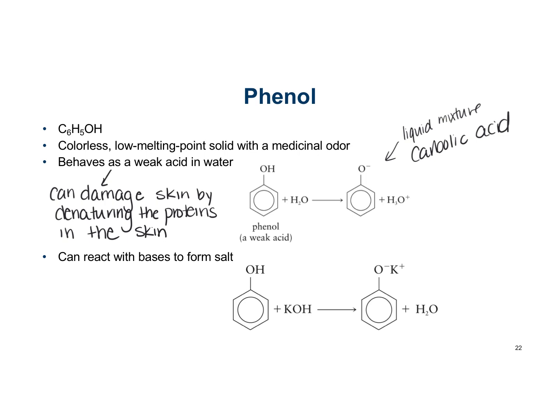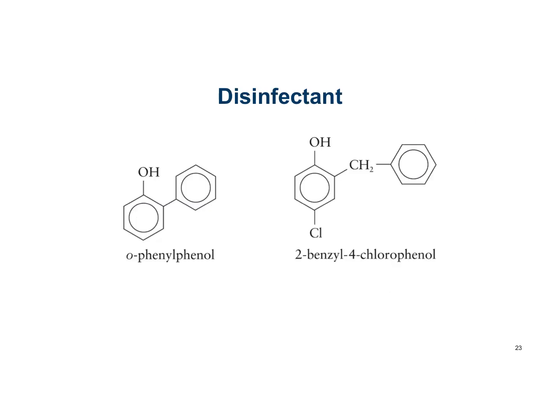However, in dilute solutions, phenol is used as an antiseptic and a disinfectant. In the late 1800s, Joseph Lister was an English surgeon, and he started using phenol as a hospital antiseptic. Before that time, no antiseptics were really being used, and so very few patients survived even minor surgery because of infections.